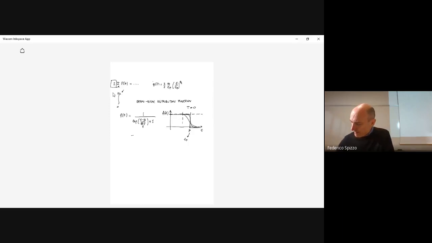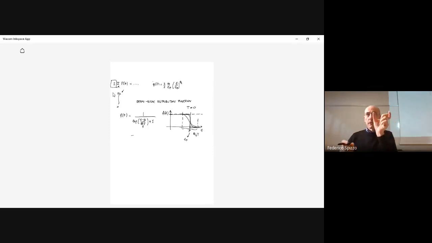how the width of the region where the function is neither 1 nor 0 compares with the thermal energy. In general, it can be shown that the range of energies where the function moves from 1 to 0 is of the order of kBT.